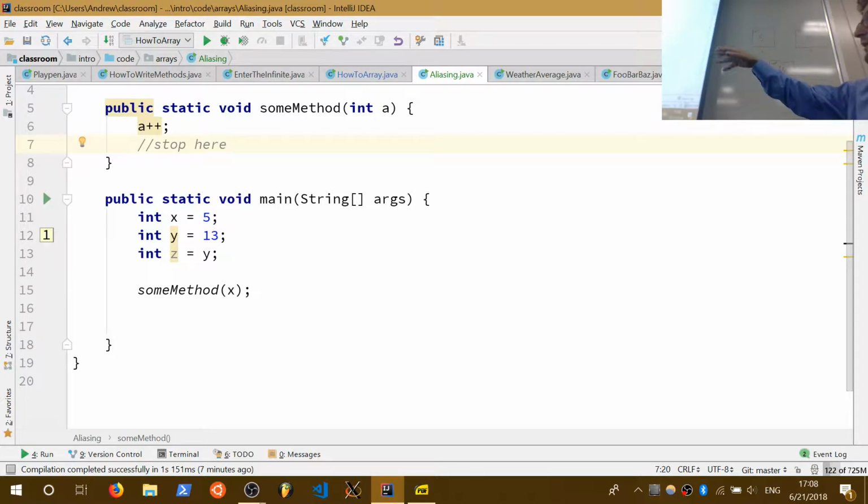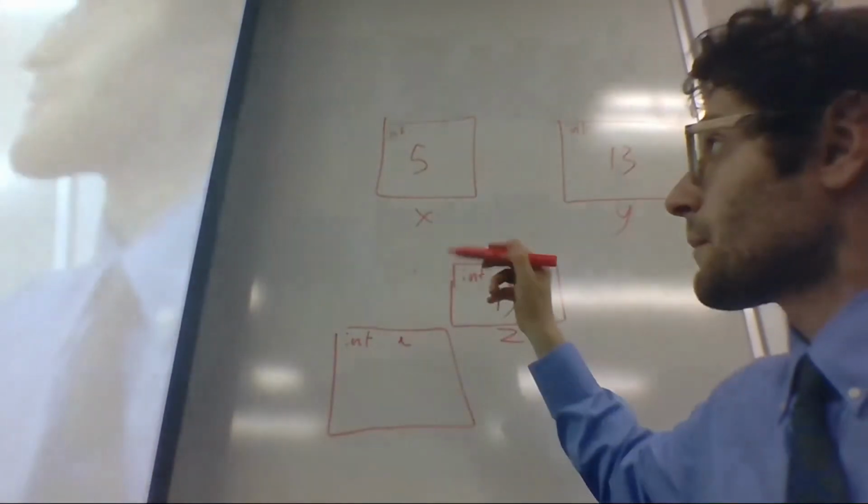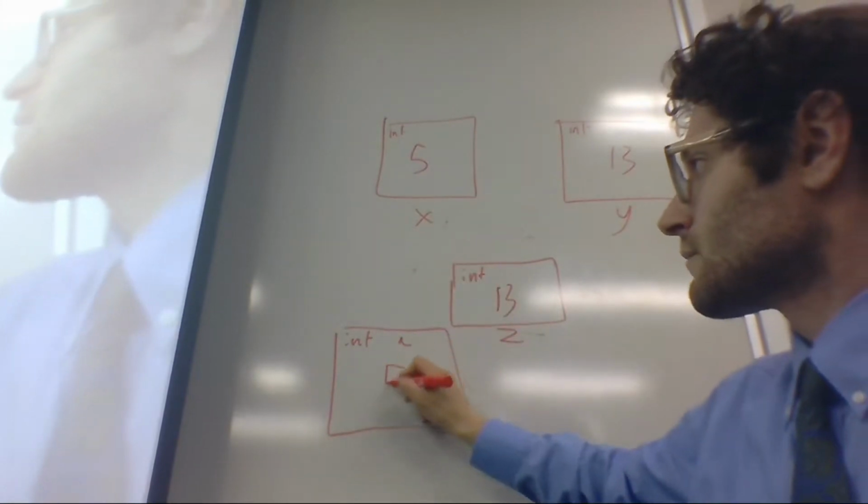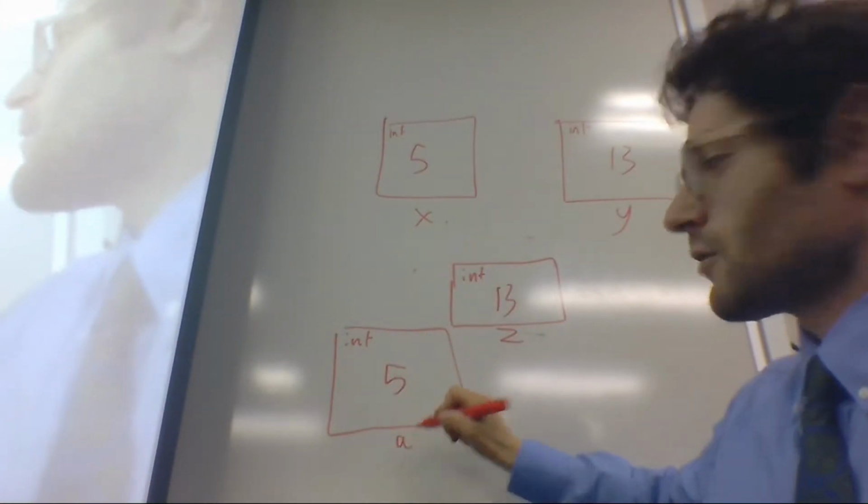We call some method and we pass in x, so we create another box over here called int a. What happens in the method is the same thing that happens over here when we pass values by copying them around. So I'm copying the value in x over to int a.